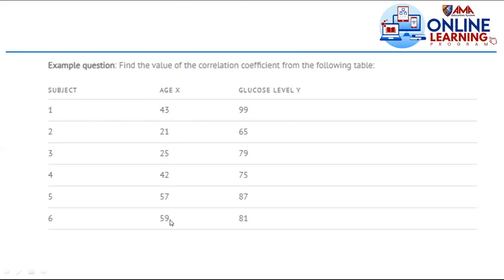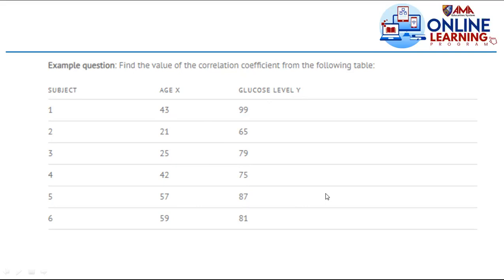And then, there's the data, the glucose level for each person. Pag age 43, ito yung level po niya. Pag 21, 65; 25, 79; 42, 75; 57, 87; 59, 81. So dito, you are going to check if they have positive correlation.